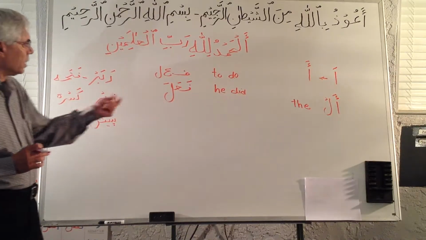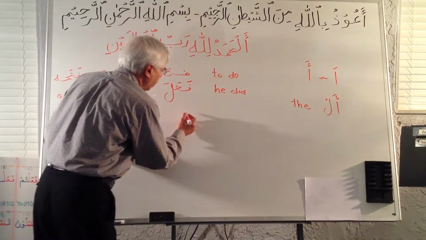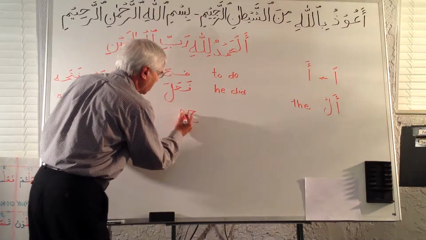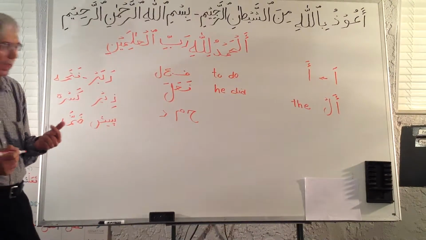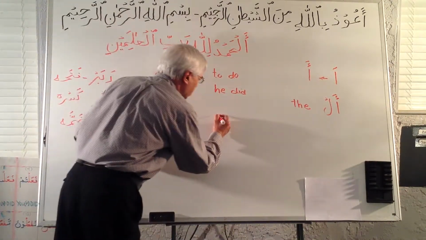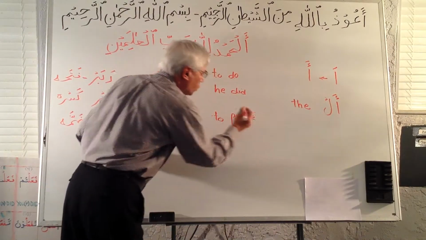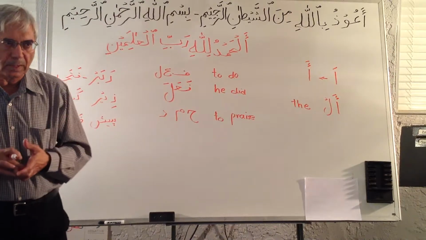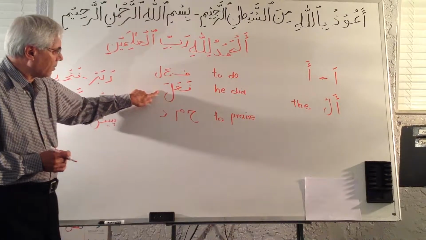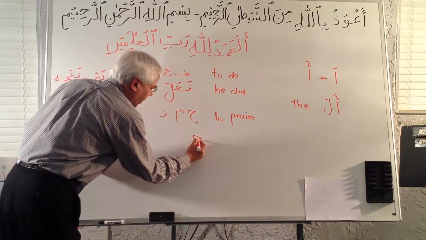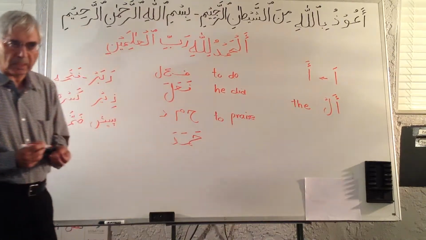Fa'ala. Using this, we learned one word of the Quran last time, which is if we have these three letters, ha, mim, and dal. Hamada. Okay? The meaning of these three letters is to praise or to admire. That's the meaning of those three letters. If I apply this grammar here, this will be ha, ma, and da, hamada.